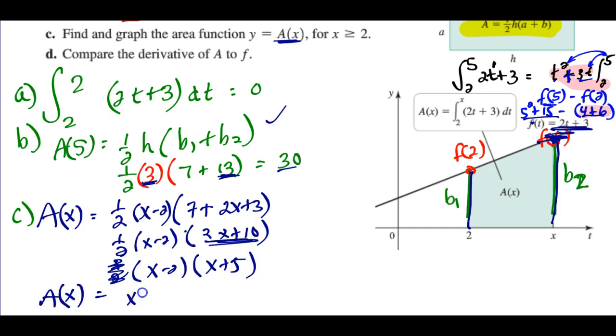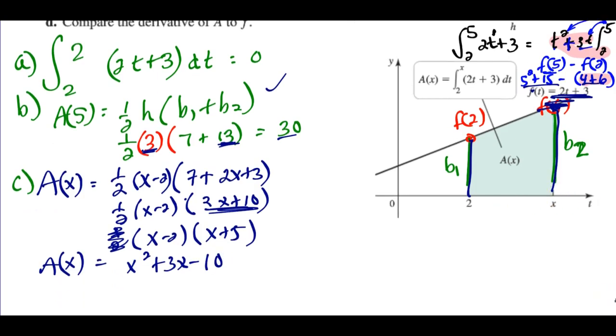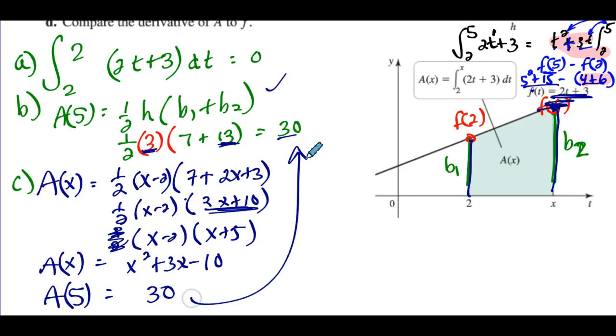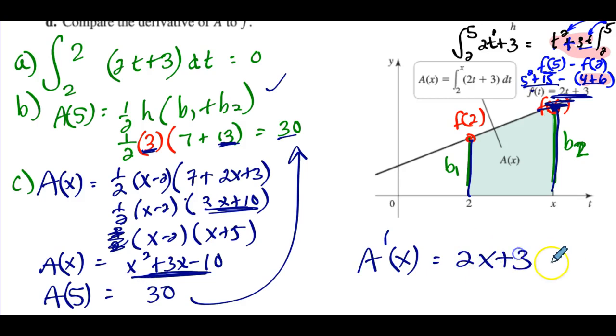A sub x is equal to x squared plus 3x minus 10. The neat thing about that function is if I evaluate it at a sub 5, sure enough, I get the same answer, 30. And if I take the derivative of that function, I'll get 2x plus 3, which is the same as my original function.